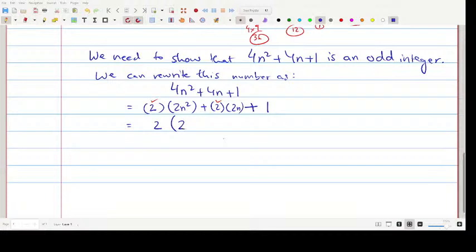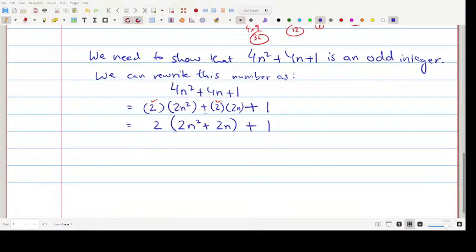The first leftover term is 2n squared, plus, there is a plus in between, right? So plus the other leftover term is 2n, and plus 1, right? So see, now I think you agree with me that we have reached that position where we can say that we have reached.